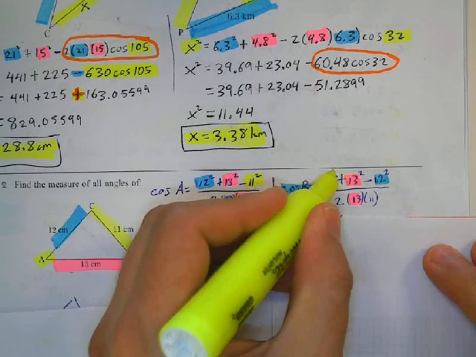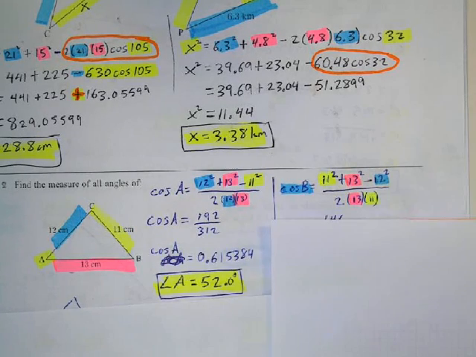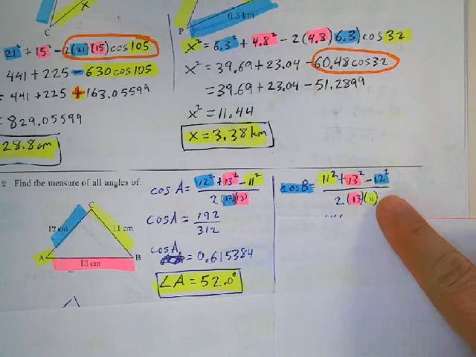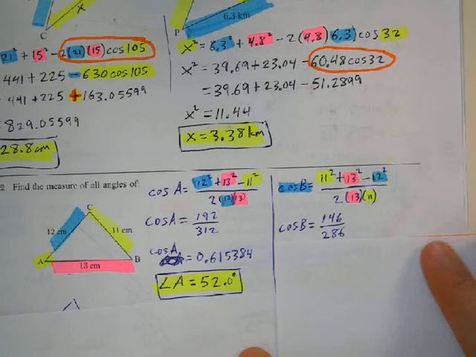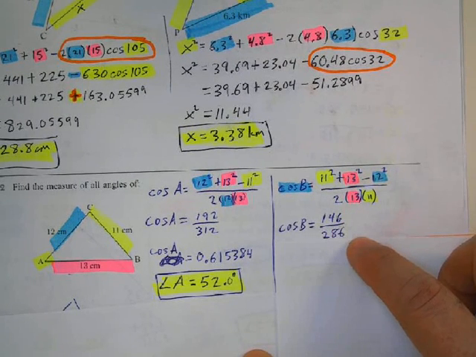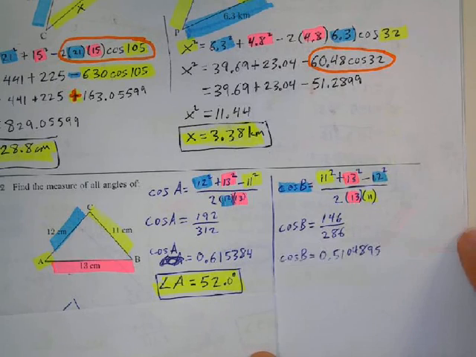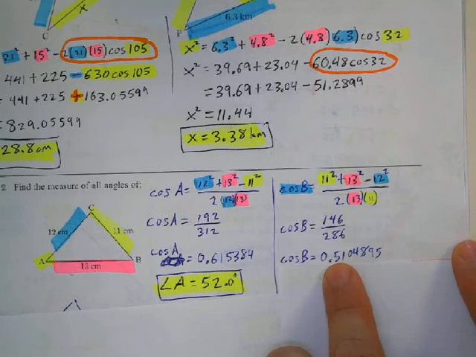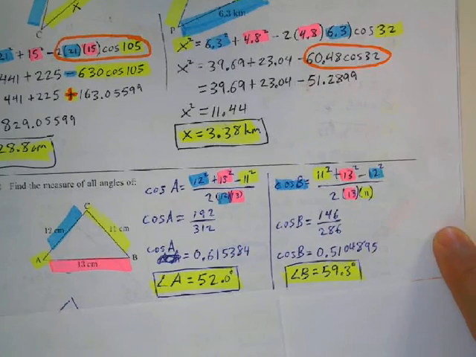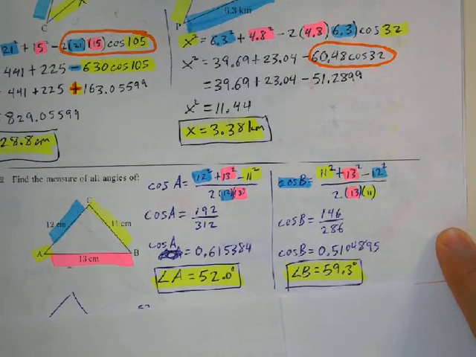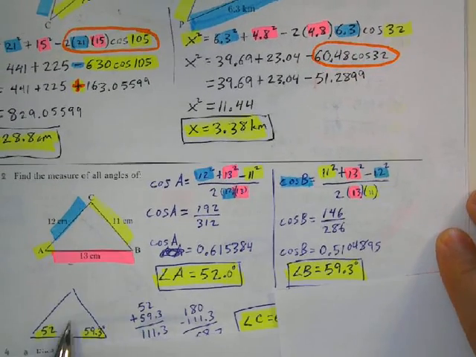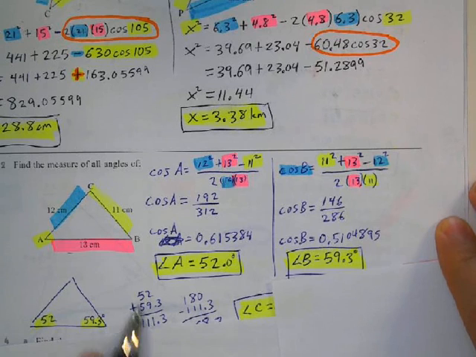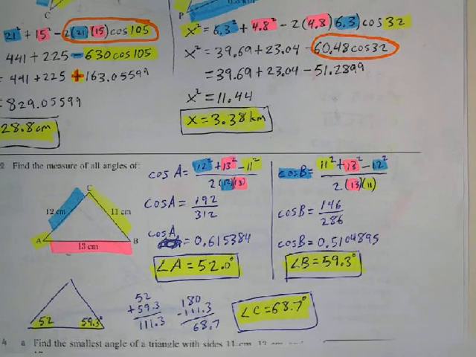So 11 squared and the 13 squared. All right, so we simplify this. Our numerator becomes 146. Our denominator is 286. Take the inverse cos of that, you get 59.3. After I get that, I can add them together and then subtract from 180, and then I get my third angle.